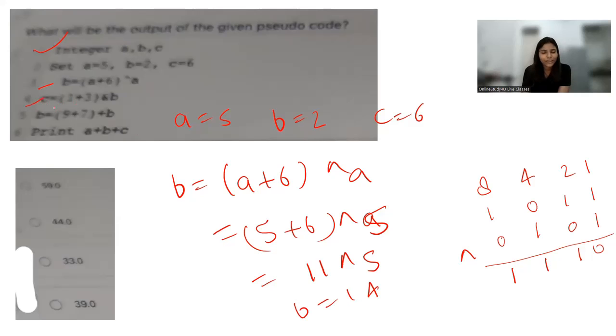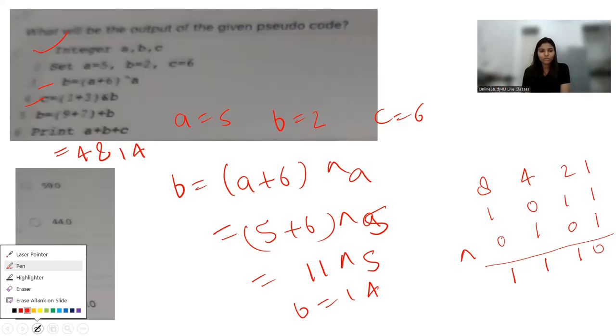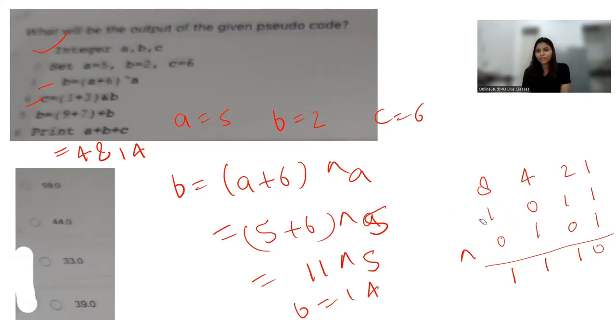Right? So from here, we need to update the value of C to 1 plus 3 and B. Right? 1 plus 3 will be 4 and this is bitwise AND, so B. B is 14. So let's convert them into binary, then we will solve for the AND operation. So I am converting here directly. 4 is 1, 0, 0, right?